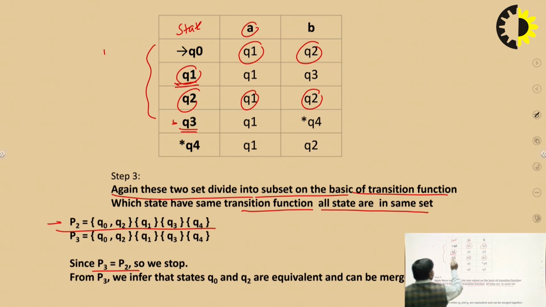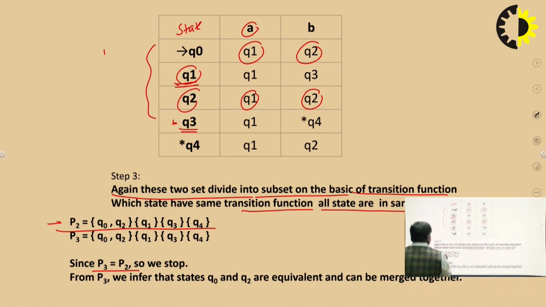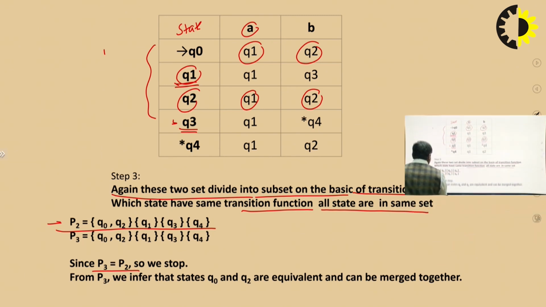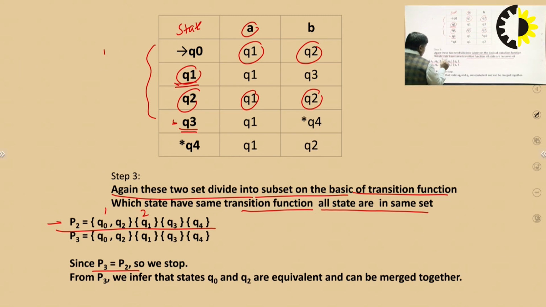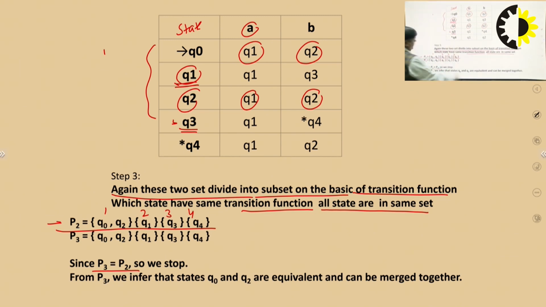Q0, the transition function, Q0, Q1, Q1. Now there are 4 subsets. Now the transition function of Q0 from A is Q1, it means it lies into the same set.